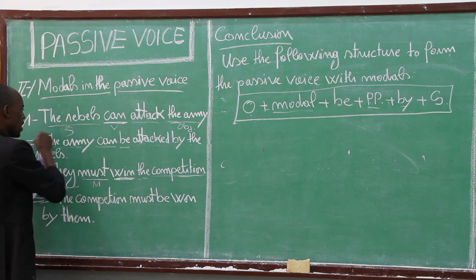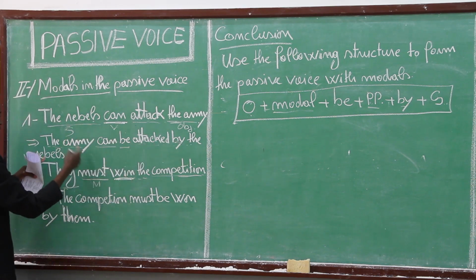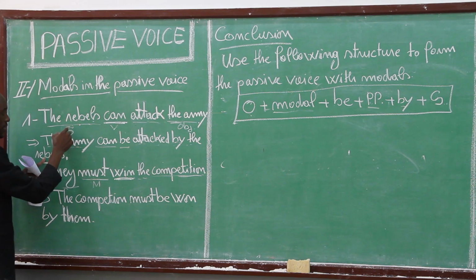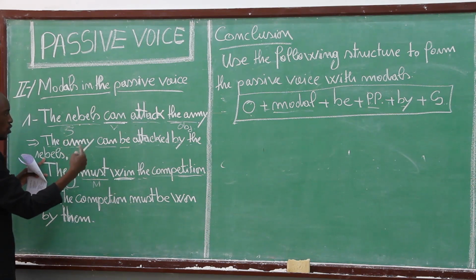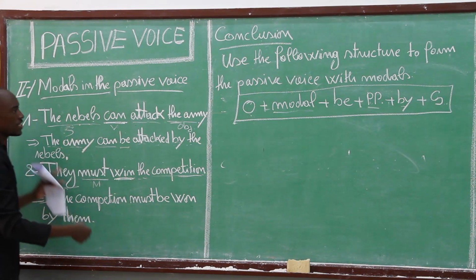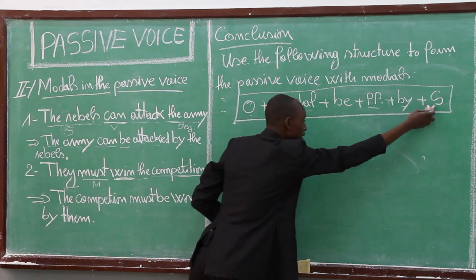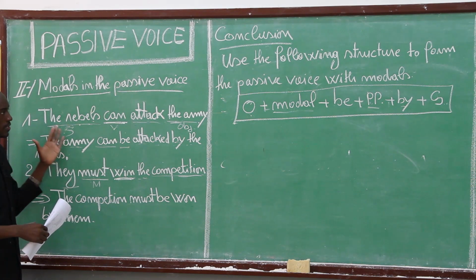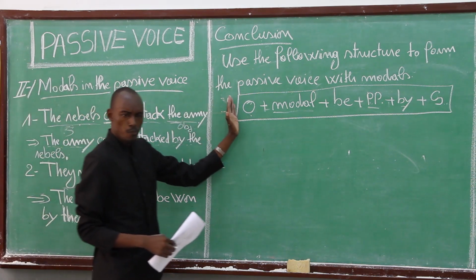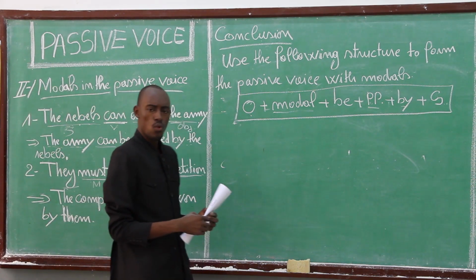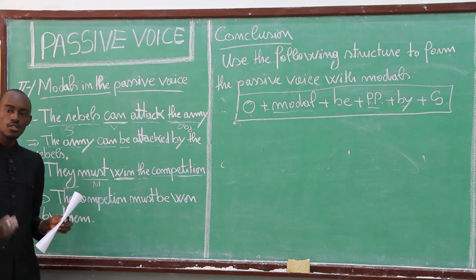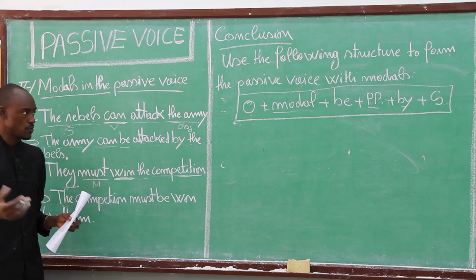The rebels, the subject in the active sentence, becomes the agent. This is the structure you can use when you deal with passive voice with modal verbs.